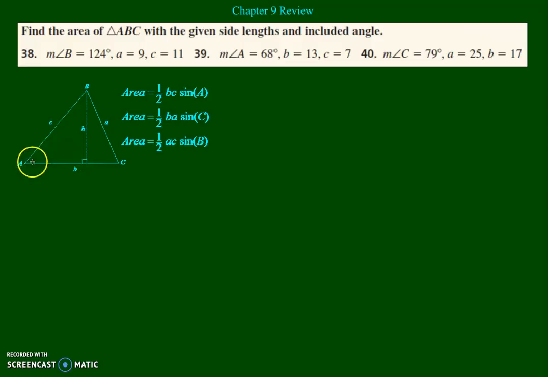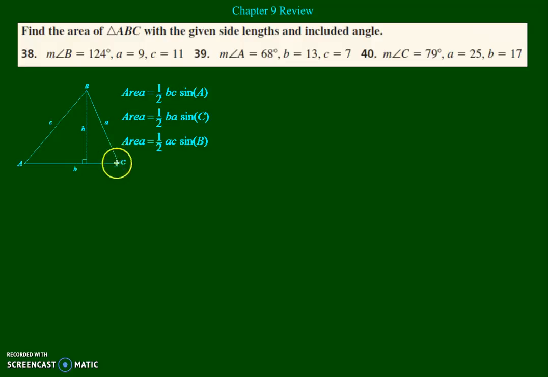And this height would be some old horse. Sine A of H over C. And solving for H, we would have C sine A. So C sine A is actually the height of this triangle.